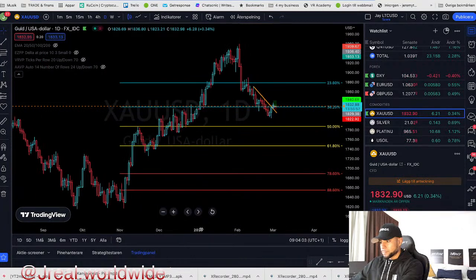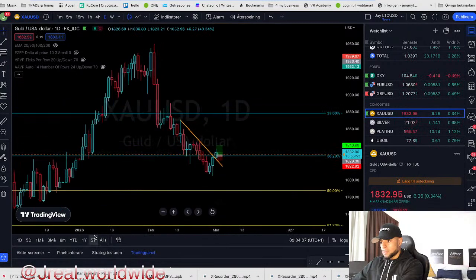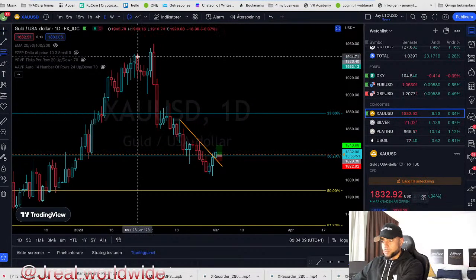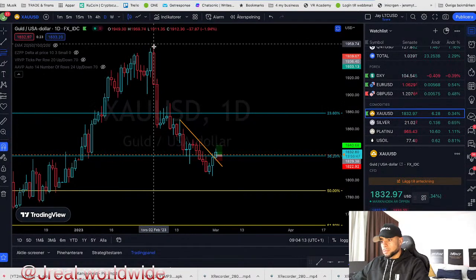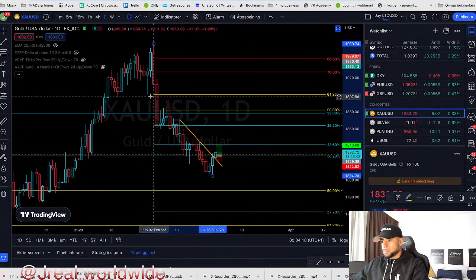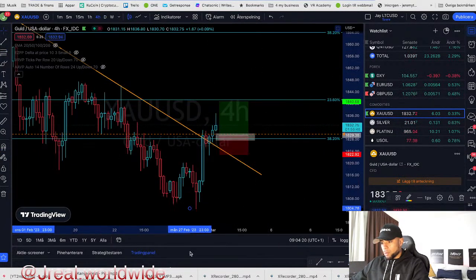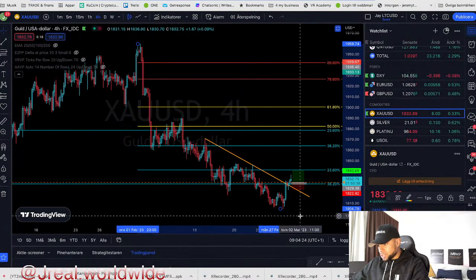All right, cool. Let's do it like this. Let's put Fibonacci from this top to this bottom. Let's go to the 4-hourly time frame so we get a more precise Fibonacci. Yeah, that's good.